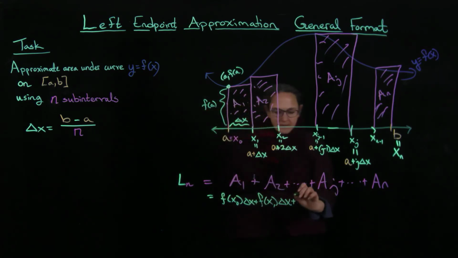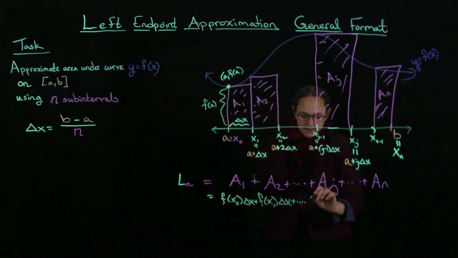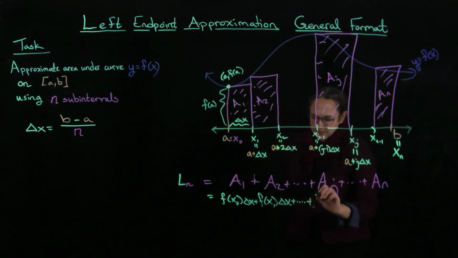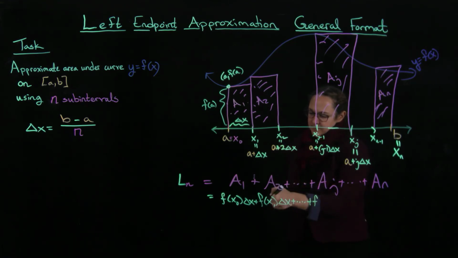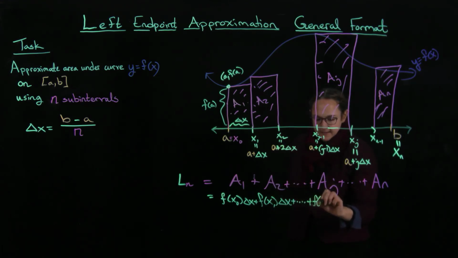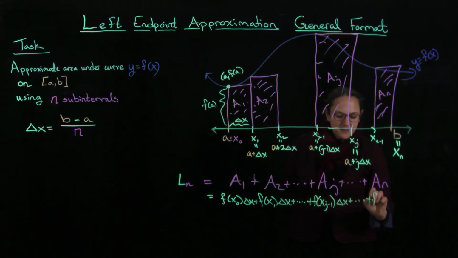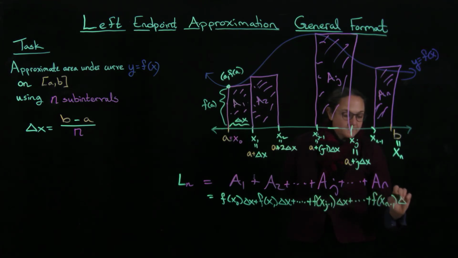Okay, and then we keep on going. So if I'm doing the Aj, that actually comes from this side, so that's actually xj minus 1, which is kind of consistent with what's going on here. That number is 1 less. So this is f of xj minus 1 delta x all the way up to f of xn minus 1 delta x.